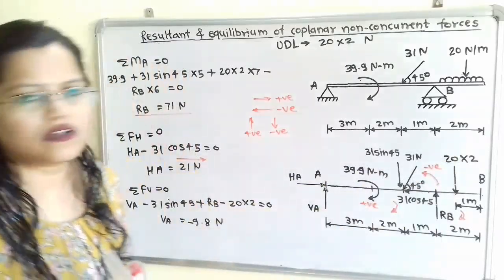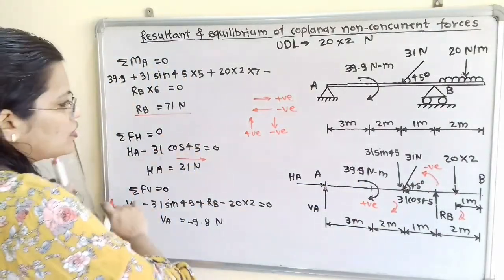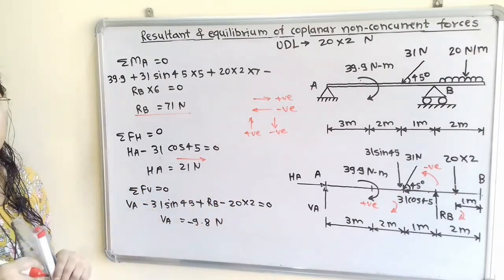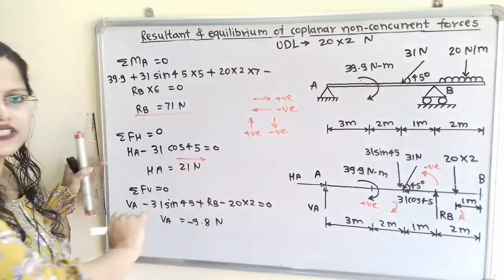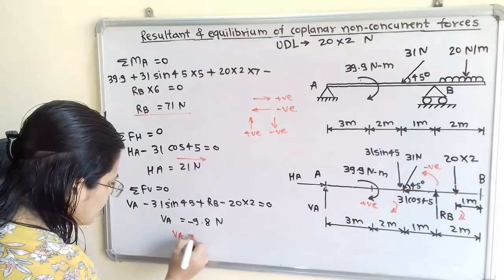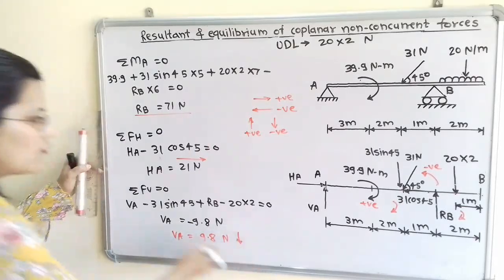So this is in the downward direction is equal to 0. So only one unknown term VA, and VA is equal to minus 9.8 Newton. So here for minus sign we have to show direction, that is the downward direction. So VA is equal to 9.8 Newton and we have to show downward direction.